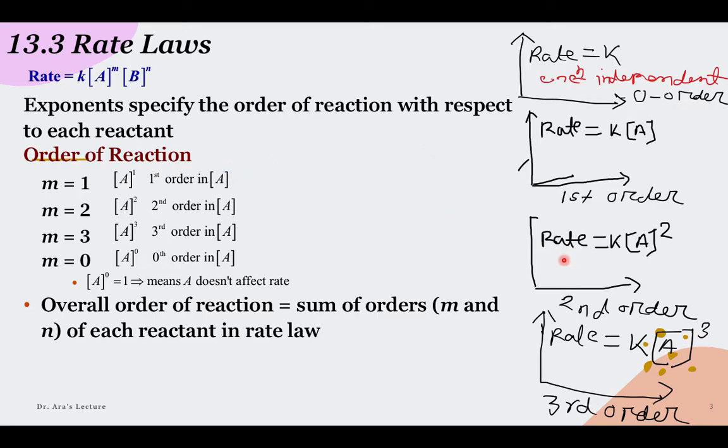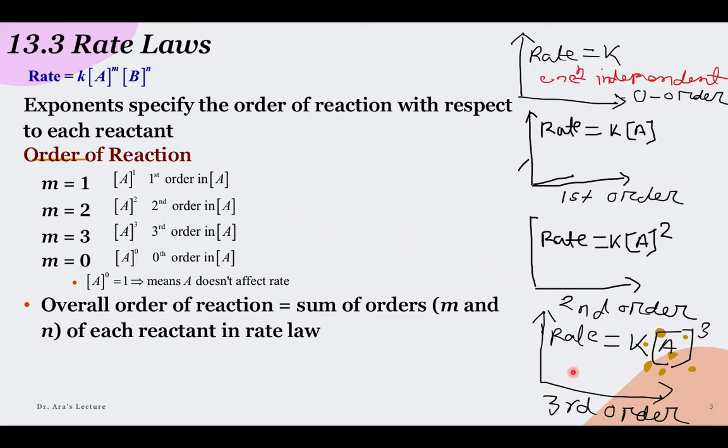Similarly, if the rate equals k times the square of the concentration of A, that means m equals 2. In that case, we will say this is a second order reaction with respect to A, where the concentration of A in terms of molarity has the power m equal to 2.